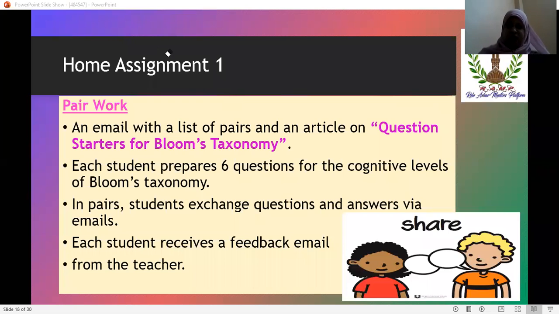Home assignment 1, you have a pair work through emails. An email with a list of pairs. So you divide your students into pairs and you give them an article on question starters for Bloom's taxonomy. Do you know what the question starters are?